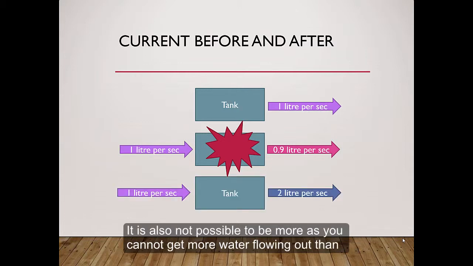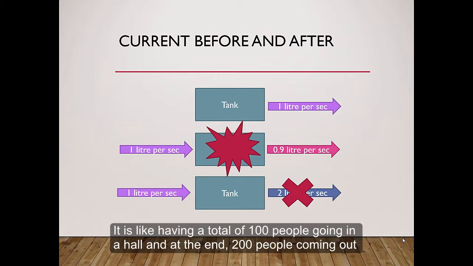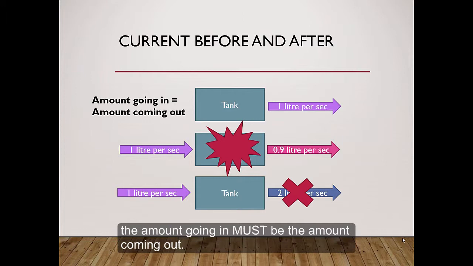It is also not possible to have more, as you cannot have more water flowing out than flowing in. It is like having a total of 100 people going into the hall and at the end 200 people coming out of the hall. So in order for you to have a smooth flow of current, the amount going in must be the amount coming out.